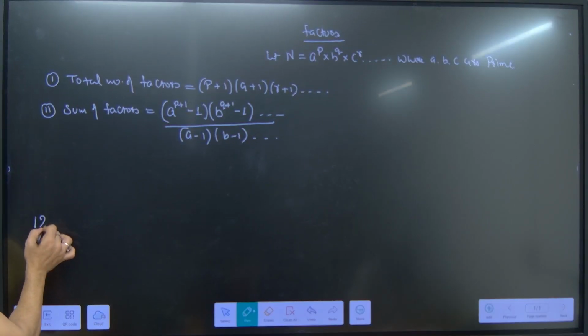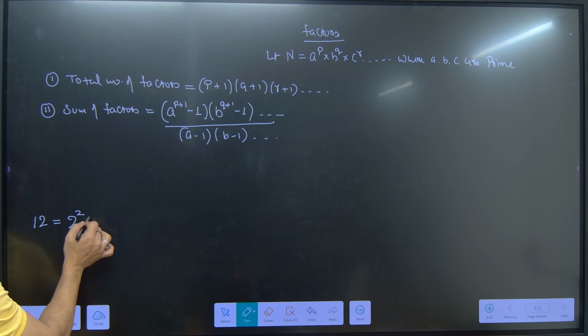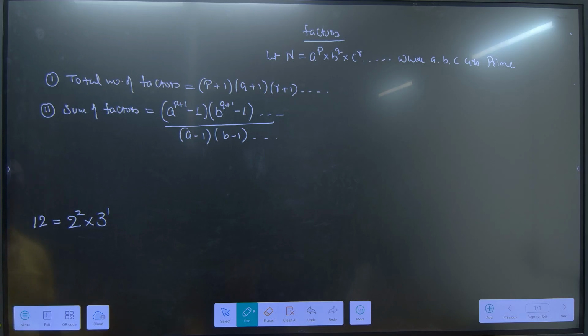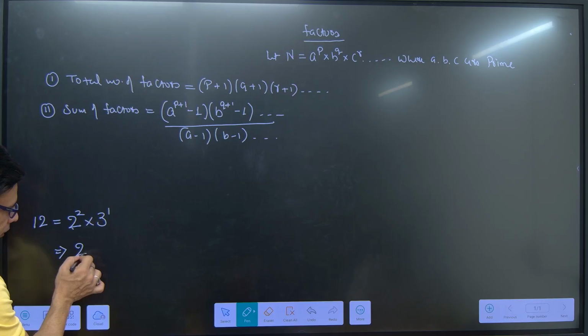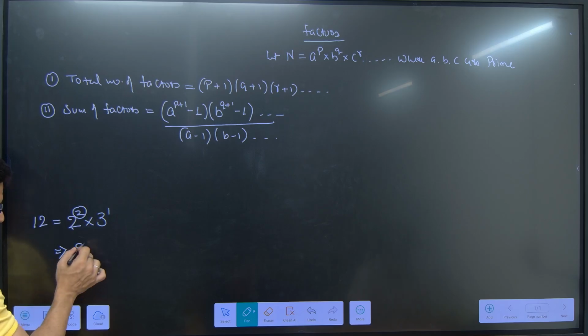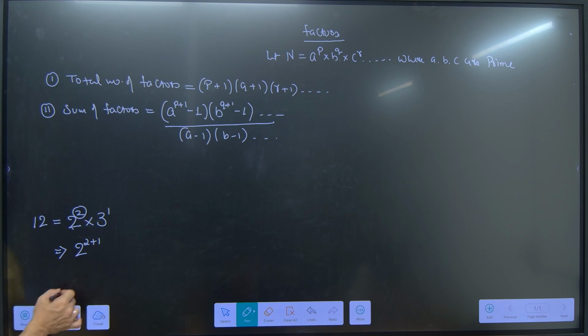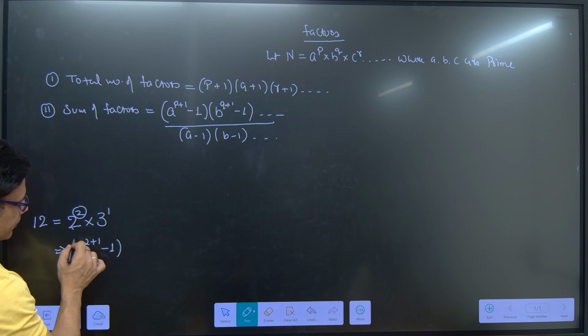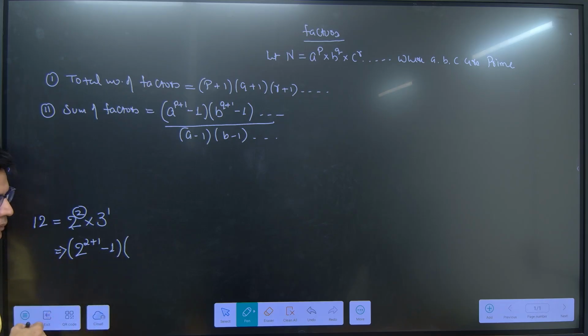For example, 12. 12 is what? 2 square into 3 raised power 1. So this is your a, right? This is your a raised to the power p plus 1. How much is it? 2 plus 1, whole minus 1, into b. What is b?